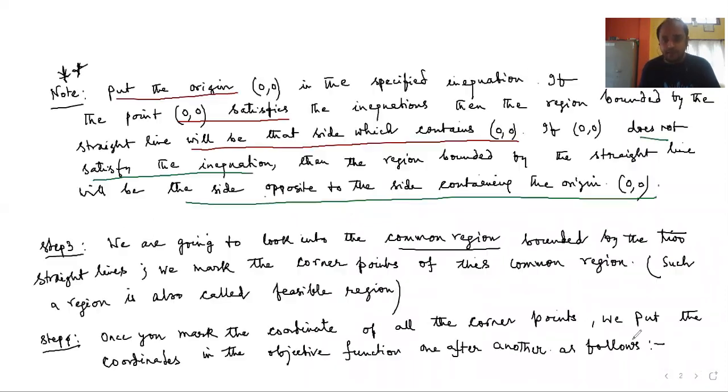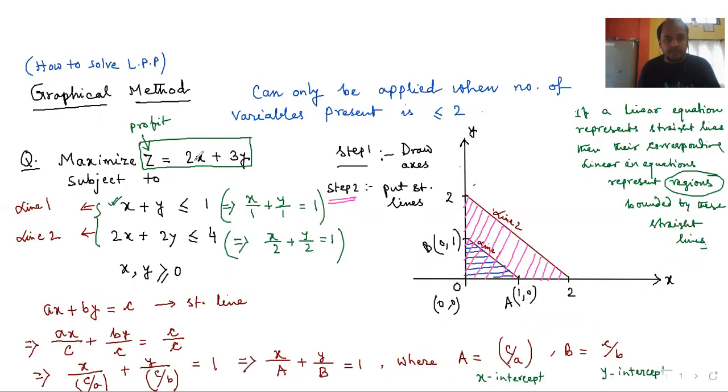So what was my objective function? My objective function was z equal to 2x plus 3y. So I'm going to put all these 3 corner points over here. So I'm going to write it in the following manner.